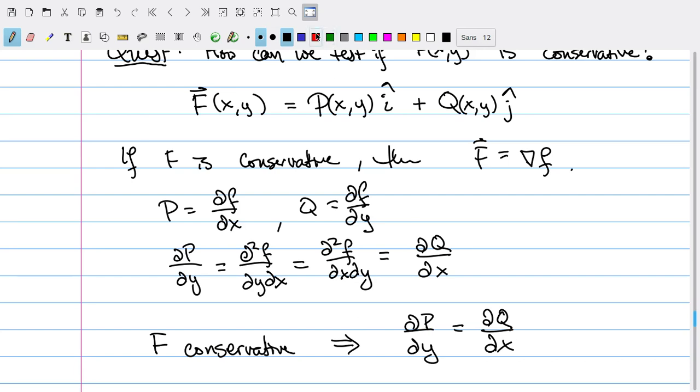So this is a really nice way to check if a vector field is conservative or not. In fact, as long as P and Q have continuous first-order partial derivatives on a domain of interest which is sufficiently nice, this will be an if and only if statement. So F will be conservative if and only if the partial derivative of P with respect to y is equal to the partial derivative of Q with respect to x.